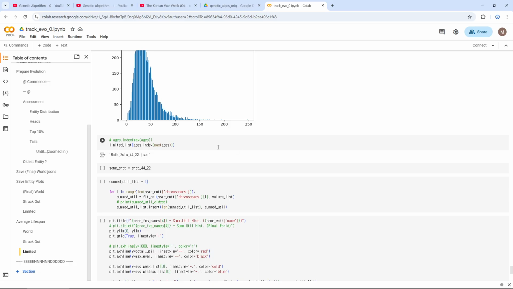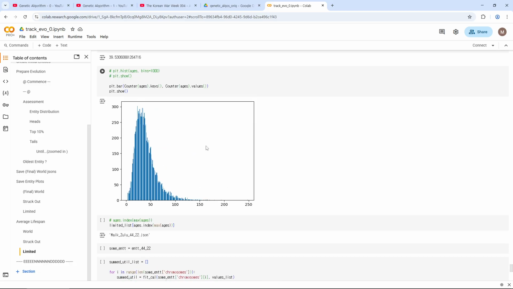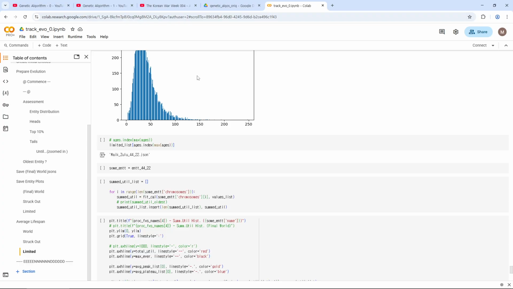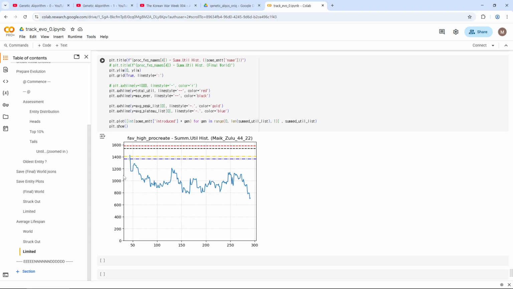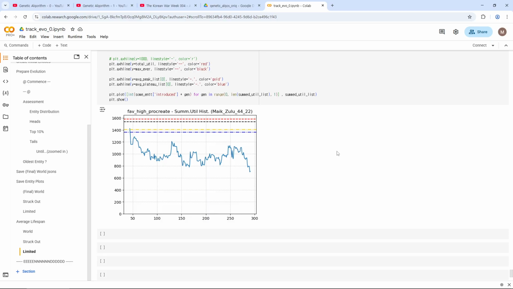And here, when we have a look at the longest surviving entity, this is how its summed utility history went.